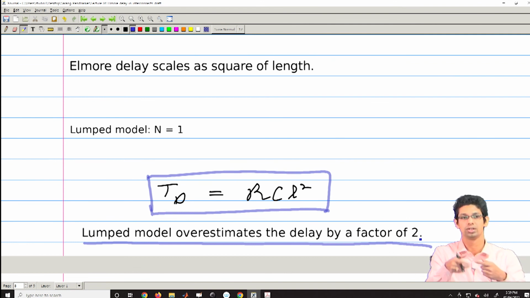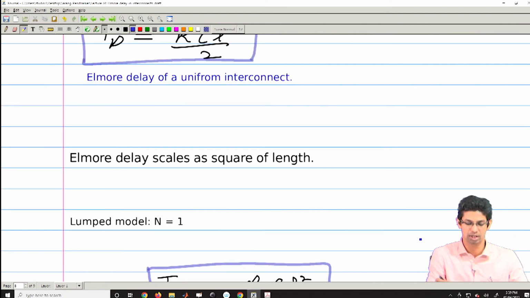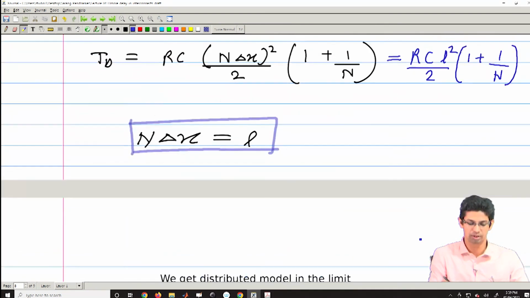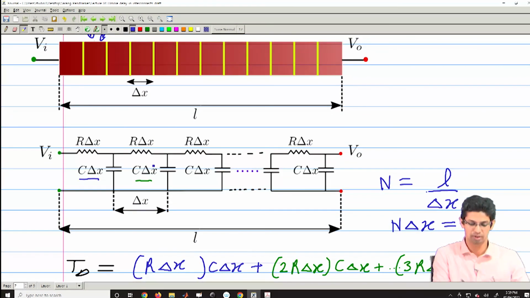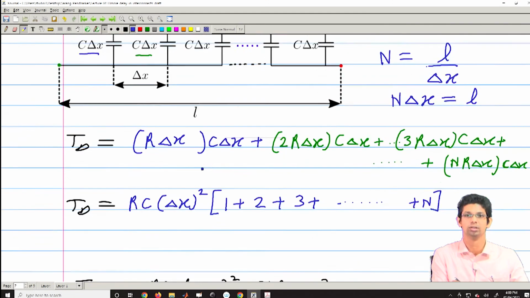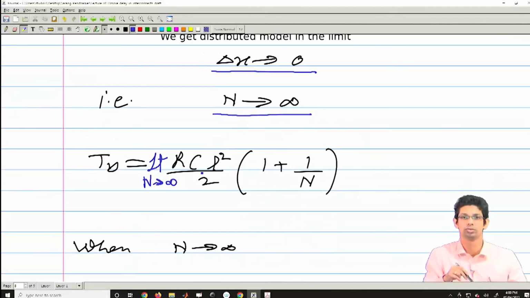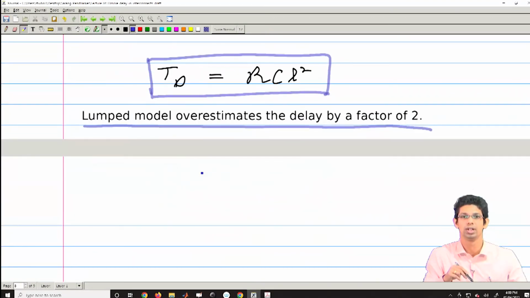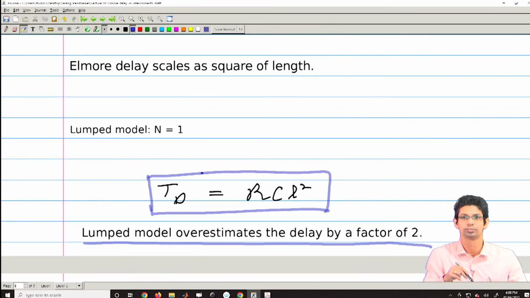However, that is not the case. Your resistance is distributed and your capacitance is also distributed throughout. If you look at the way this would be charging from this distributed model, it makes sense that your lumped model was overestimating your delay by a factor of 2.